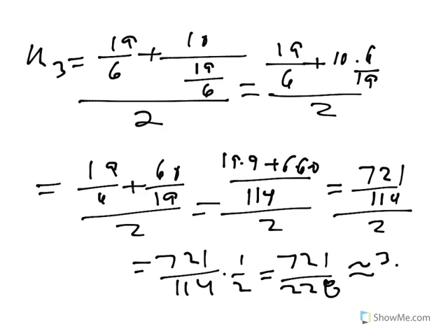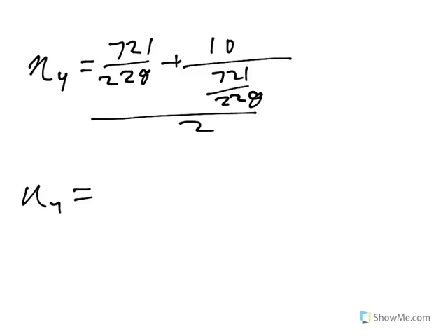This one's 3.16228, and the actual square root of 10 is 3.162277. So very good. And if you have the heart for it, you can do this one more time. So we take our last guess, 721 over 228, and do 10 over that.